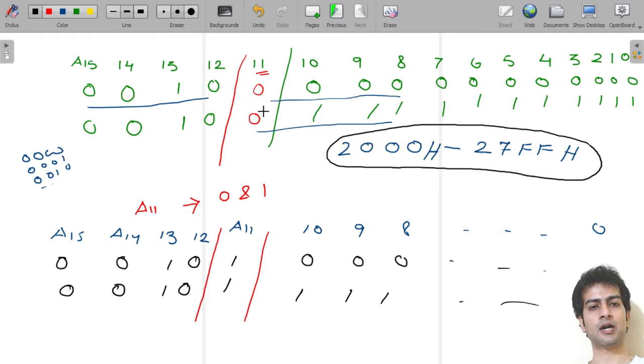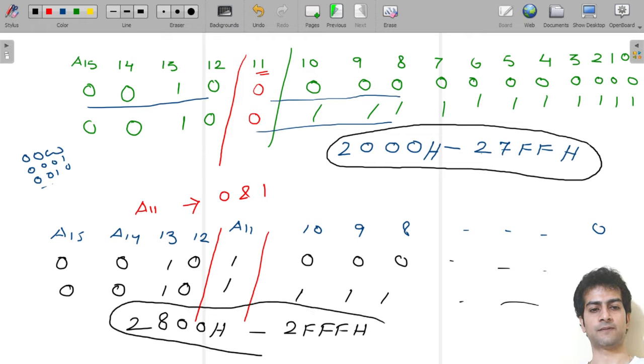The 0 part we have covered, so now we take the 1 part and find the range. The lower range will be 2800H, and the higher range will be 2FFFH. So this will be the range.